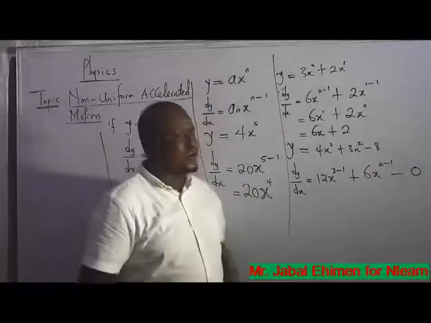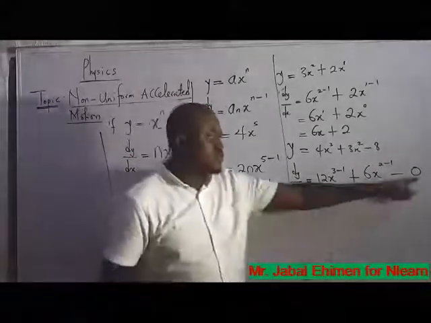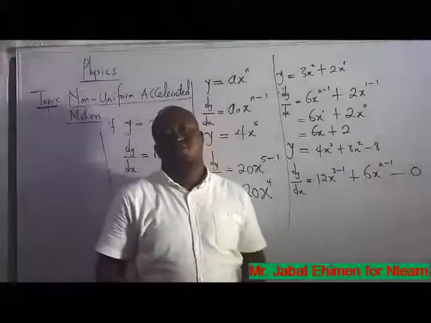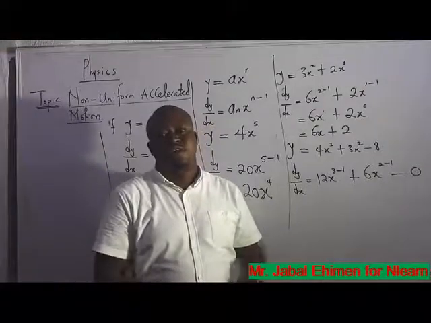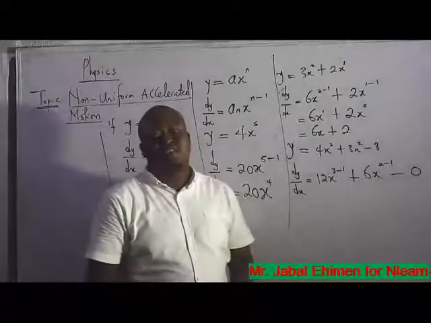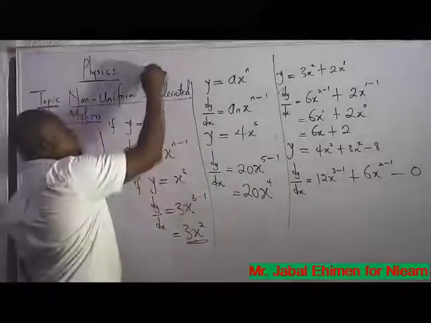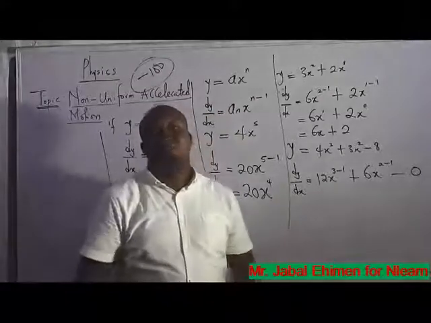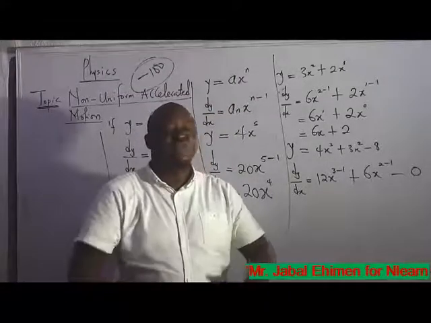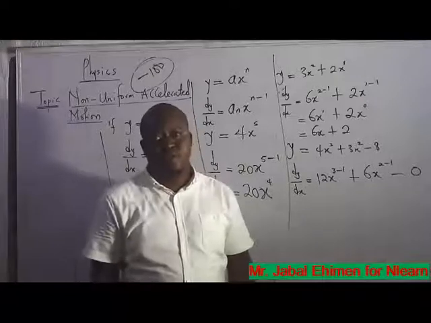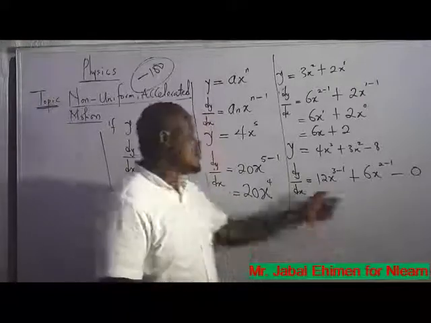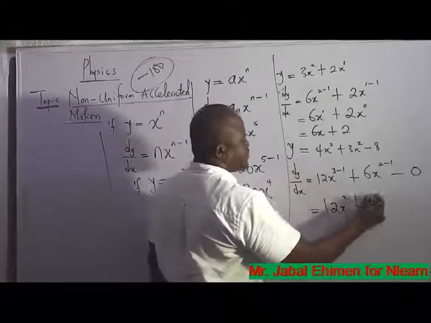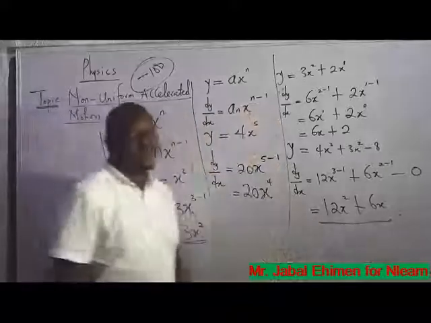The truth is, I have to put 0 there because the dy dx of any constant must be equal to 0. That's the rule. So if somebody asks you, what's the dy dx of minus 100? That automatically is 0. The dy dx of 27 is 0 because it's a constant. It has no variable x. So from here I'll have 12x squared plus 6x. That is my value.